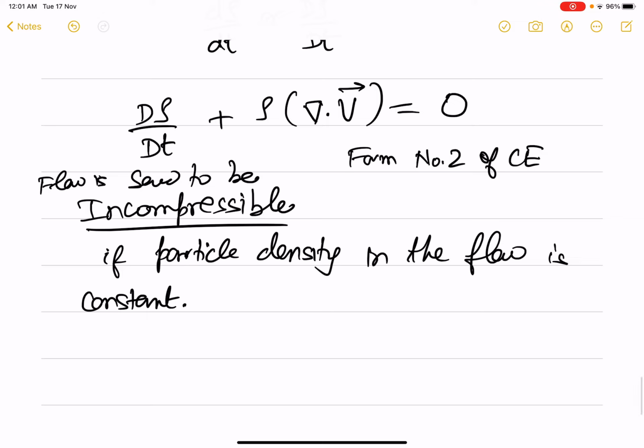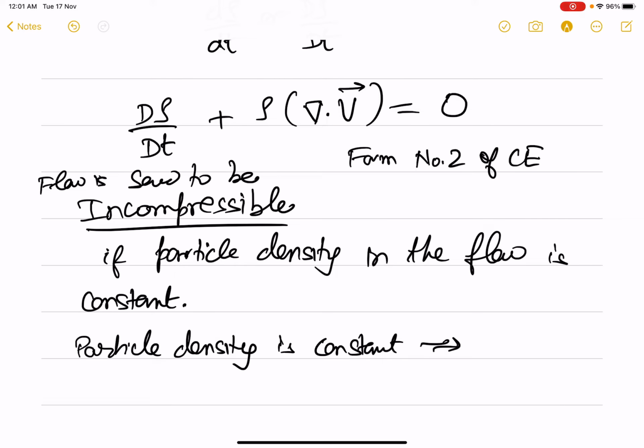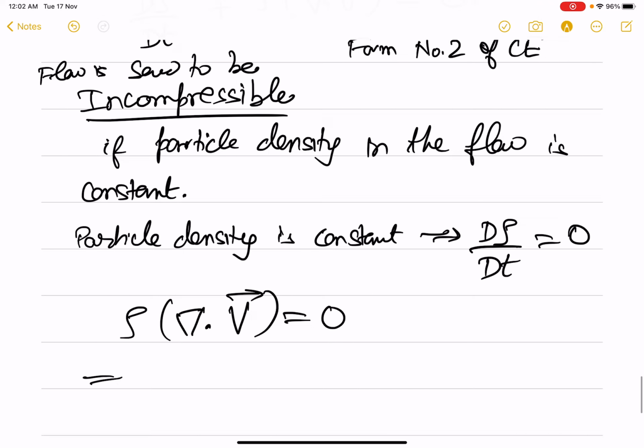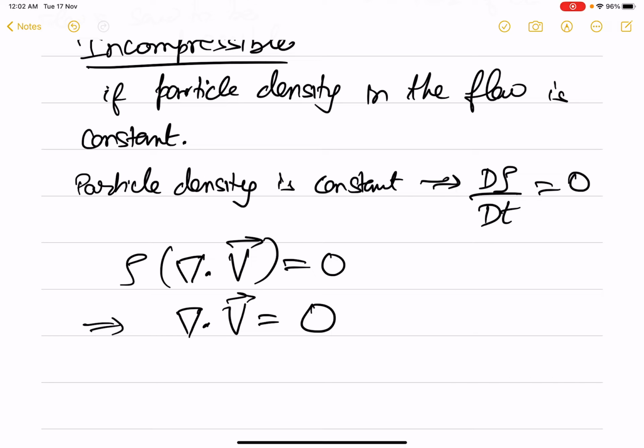So if the particle density is constant, that means each particle in the flow does not change its density. In mathematical terms, this will imply d rho by dt is equal to 0. So therefore the continuity equation in this form becomes rho times del dot v is equal to 0, and now the continuity equation takes a simpler form, del dot v is equal to 0.